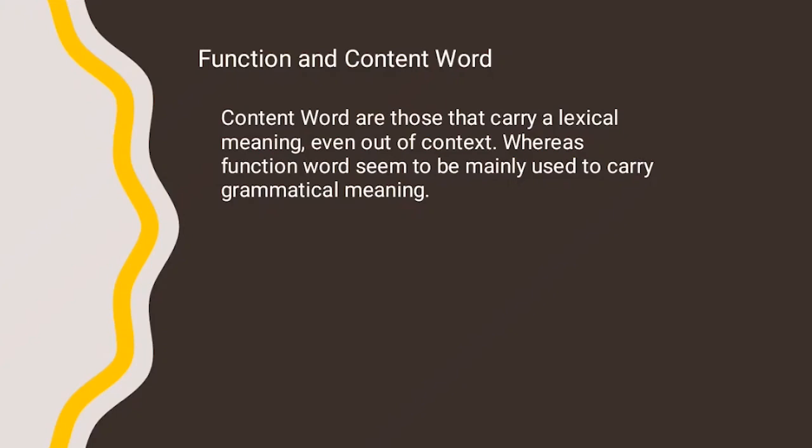So, lexical meaning refers to the sense of a word or lexeme, as it appears in a dictionary, also known as semantic meaning. Meanwhile, grammatical meaning is the meaning conveyed in a sentence by word order and grammatical signals, also called structural meaning.